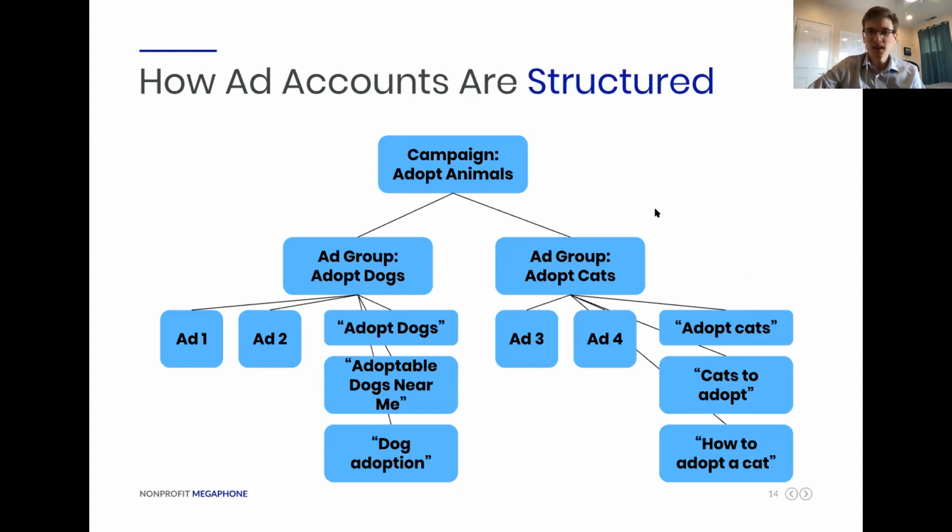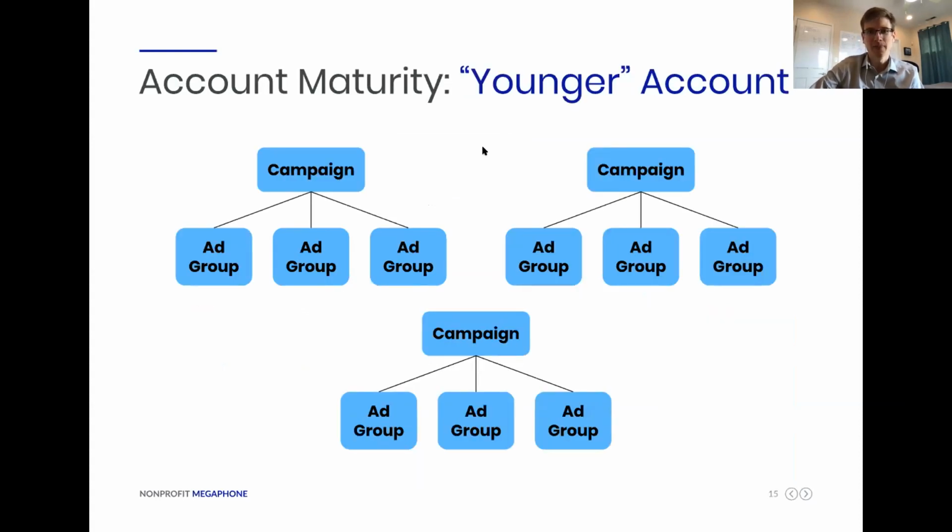If we zoom out a little bit, this is what your overall account might look like. You might have an adopt campaign with some ad groups. Maybe the third ad group is just adopt animals, if someone's open to adopting either a cat or a dog. Maybe you have a resources campaign. Maybe you have a campaign for a 5K that you're running, and each of them has ad groups.